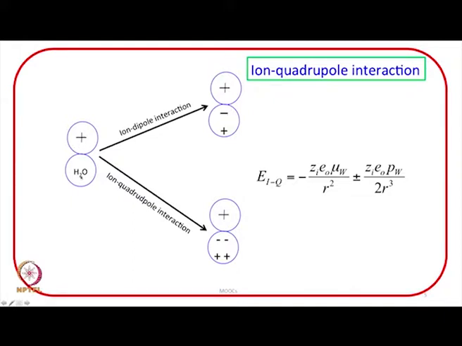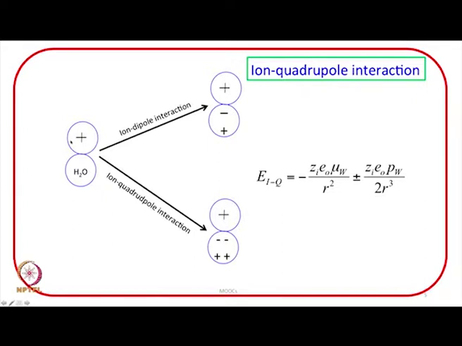However, when this ion is very close to water, the quadrupole character of water cannot be ignored, and therefore the ion quadrupole interaction term will have a contribution from the permanent dipole moment μW and will also have a contribution from the quadrupole moment of water ΘW with a plus minus sign depending upon whether the interaction is with the positively charged end or with the negatively charged end. So here I have talked about the ion to make the discussion a little bit easy.